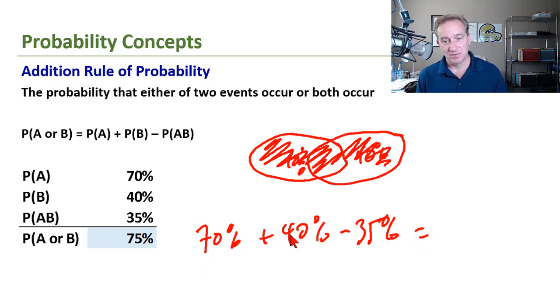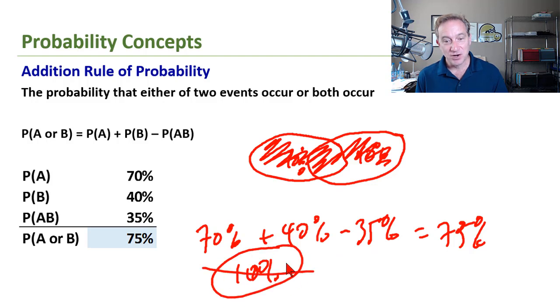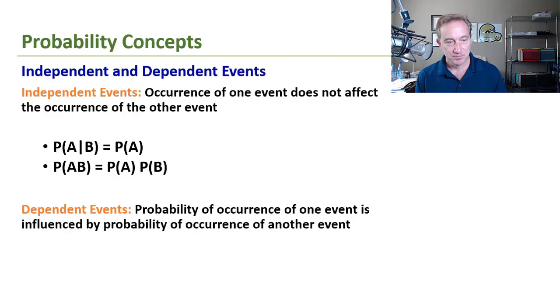Yeah, 70 plus 40, 110, minus 35% is 75%. So that looks correct to me. And that's a good thing we subtracted, right? Because if we just stopped at the 110%, we would know right away we haven't satisfied the definition of a probability.